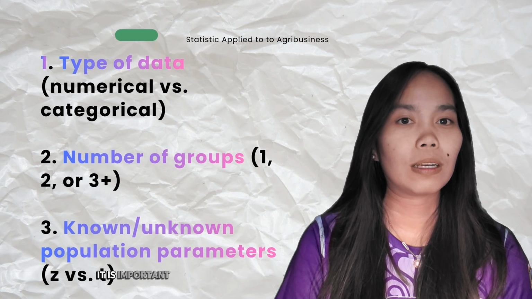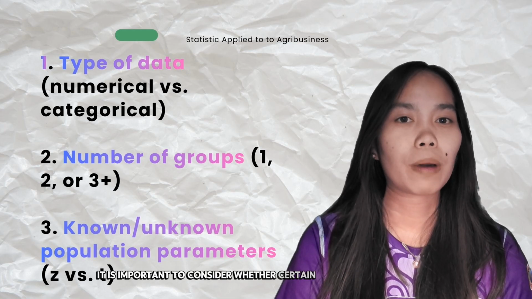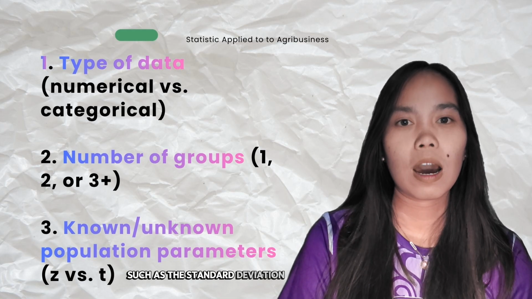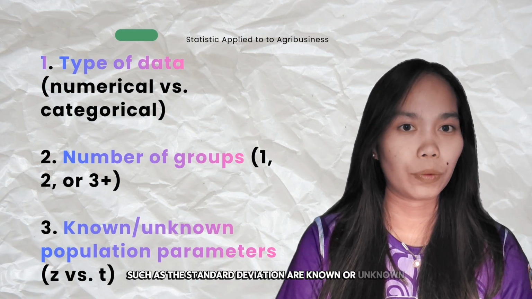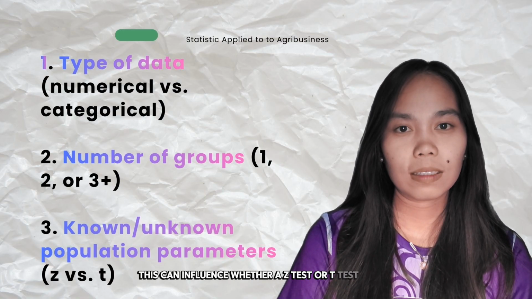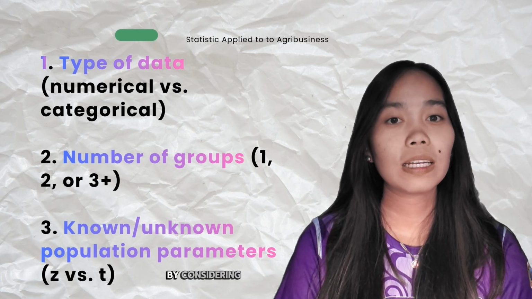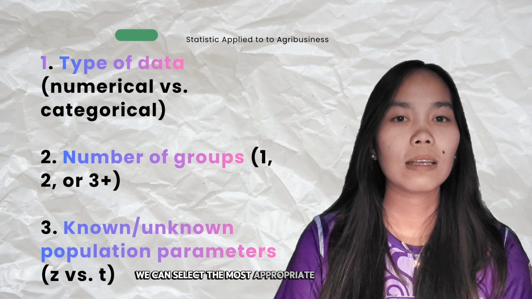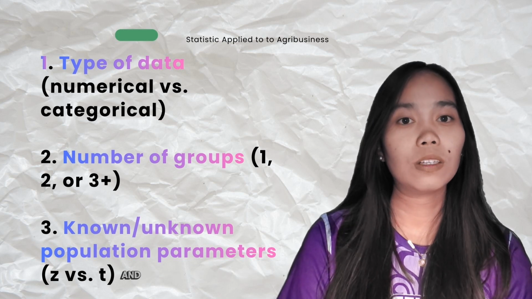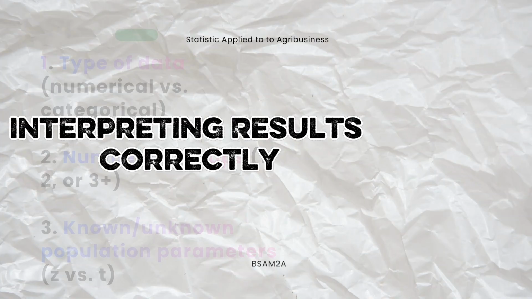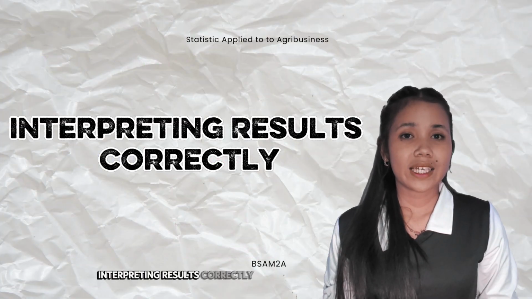Lastly, it is important to consider whether certain population parameters, such as the standard deviation, are known or unknown. This can influence whether a z-test or t-test is used. By considering these factors carefully, we can select the most appropriate statistical test and ensure that our results are accurate and meaningful.